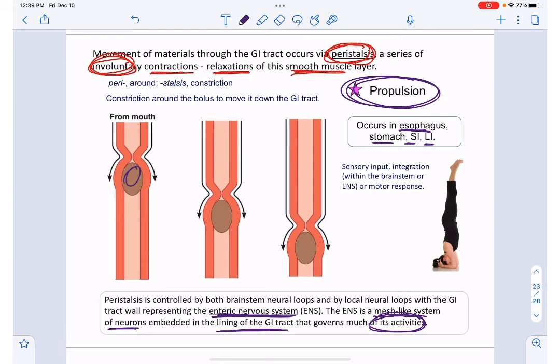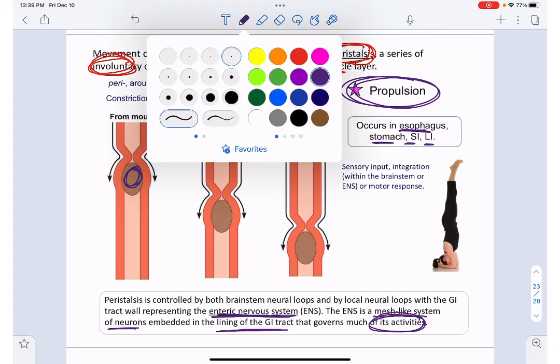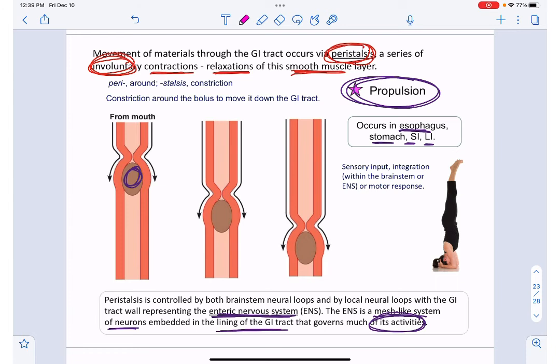So here we have this food bolus. And how is this food bolus going to go down? Well, when the food bolus moves down, it activates stretch receptors in the wall of the GI tract. And those stretch receptors act back on other neurons that are also within the wall of the GI tract.